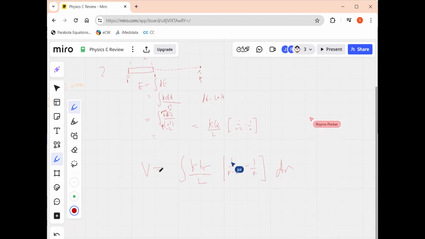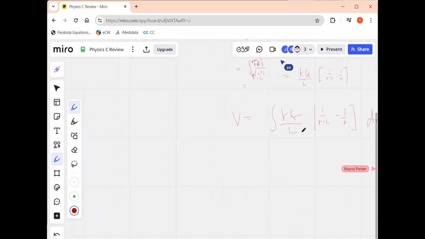It does take a bit more time, but it becomes essentially an ln function at the end. That's just a quick aside, from our point R to R minus L to R.